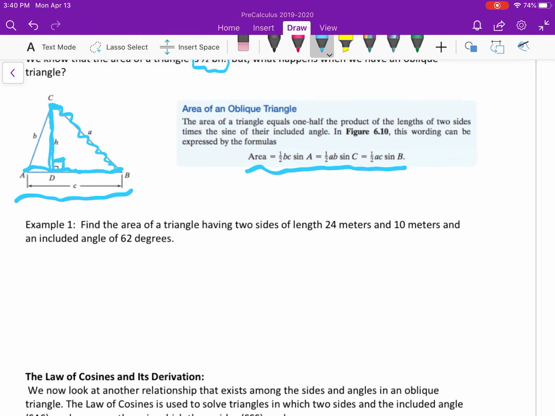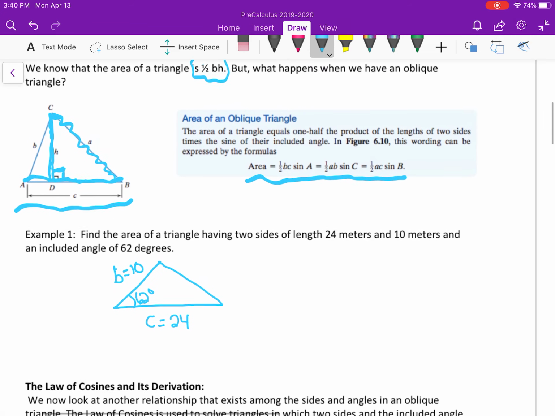So in order to find the area of a triangle having two side lengths, 24 and 10, and let's just say this is b equals 10, and this is c equals 24, and let's say an included angle of 62 degrees, that's how this formula works.